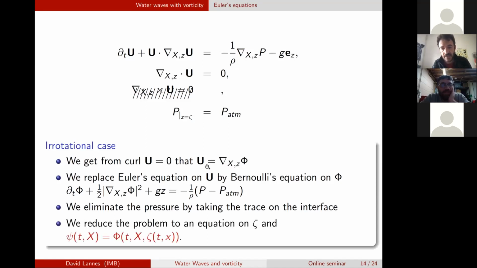It was also convenient to work with this Bernoulli equation because by taking its trace at the surface, we could reduce the problem to a system of equations on zeta and psi, which was a scalar function defined on the horizontal plane. So this was the Zakharov-Craig-Sulem formulation.